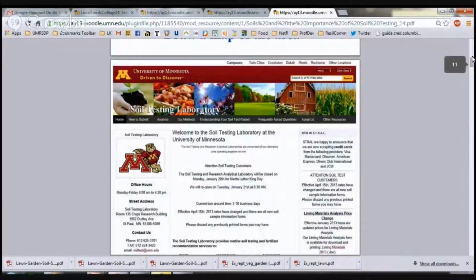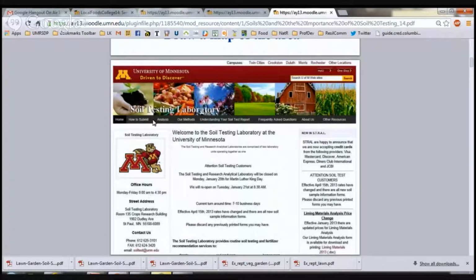This is a picture of the soil testing website on the Twin Cities campus. This link is provided for you on the Moodle site. Last year the internet went out on me for the soil survey, so I always make sure I do a picture screen of everything. This isn't actual internet, but it shows you what the information is.